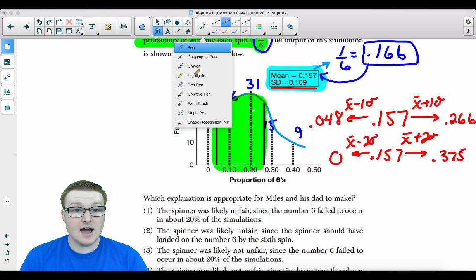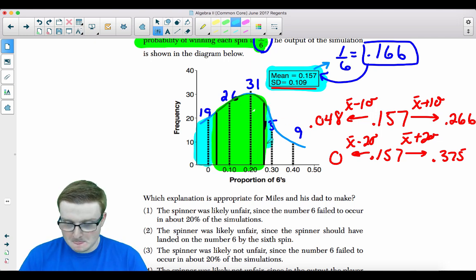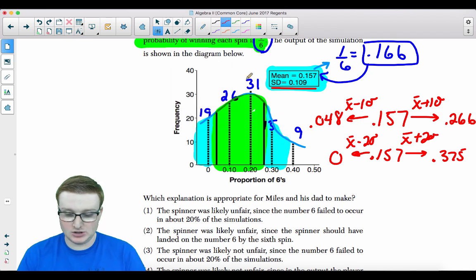Okay? So now we have a little bit of a situation here. This is the remaining standard deviation, and notice how 0.375 ends right around here. Okay? So that's two standard deviations.